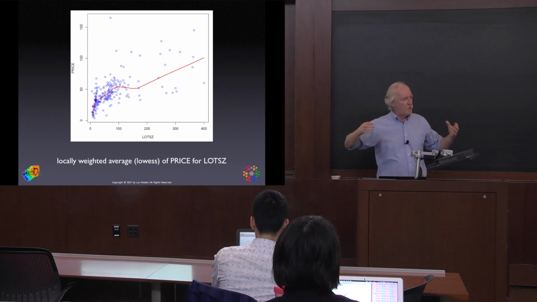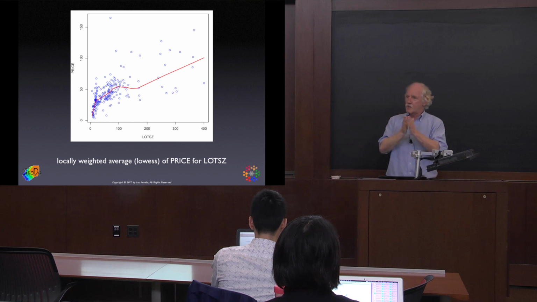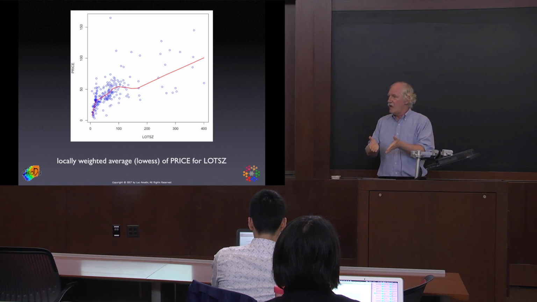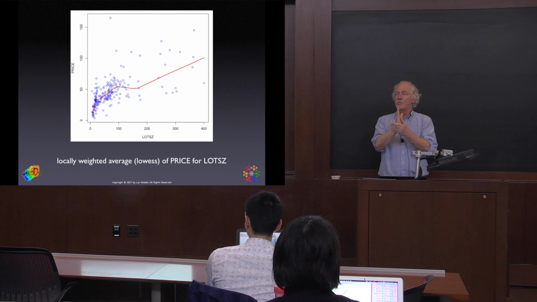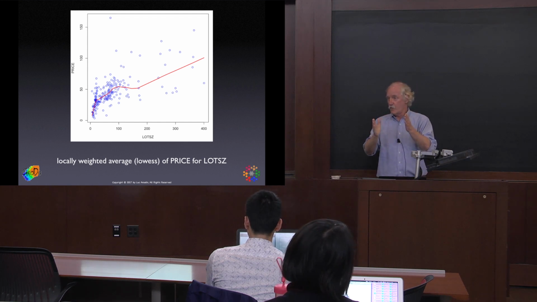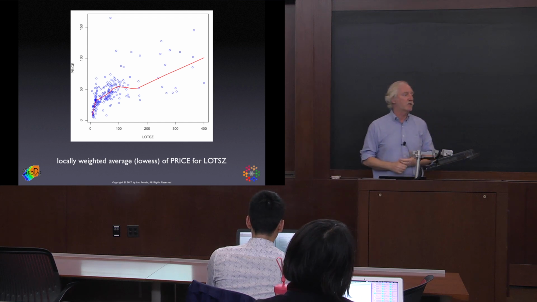And then you can extend that to, rather than taking a simple average, taking a weighted average, where you weight the observations that are closest to your target x, the center of the band, more than the ones that are further away. That's where the notion of a kernel regression comes in.